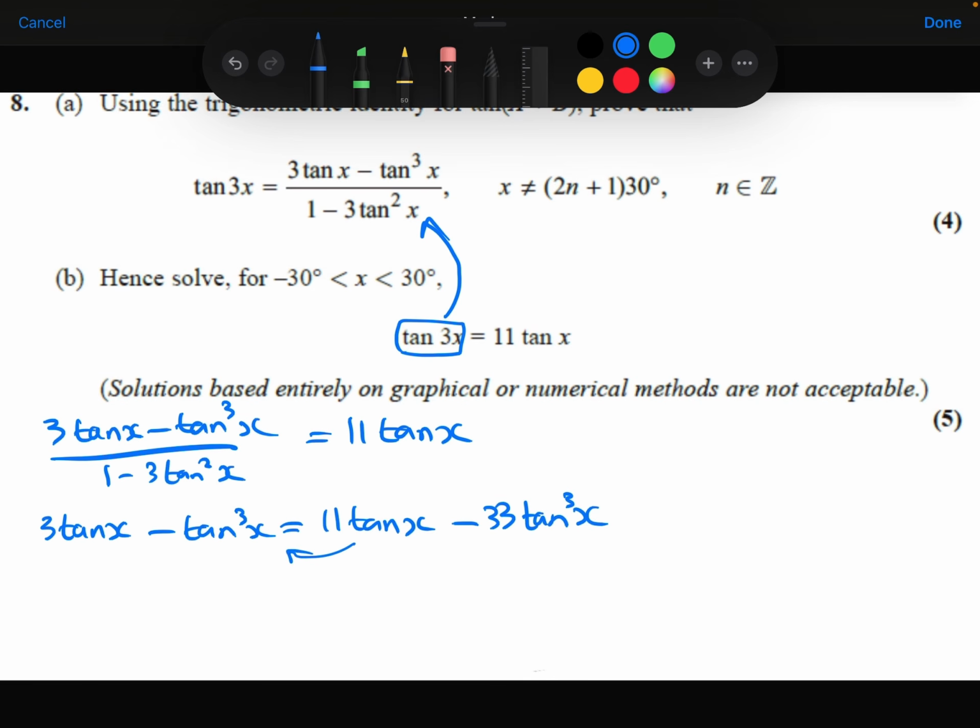So I'm going to take away the 11 tan x from both sides, and I'm going to add 33 tan cubed x to both sides. So minus tan cubed x plus 33 tan cubed x is 32 tan cubed x. And the 3 tan x, take away the 11 tan x, is minus 8 tan x, equals 0.